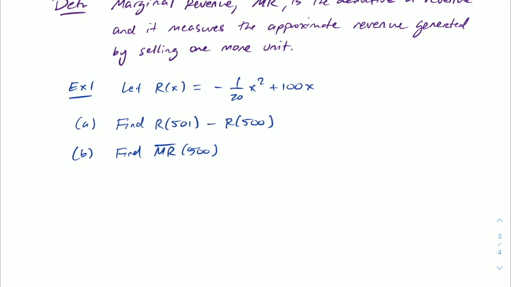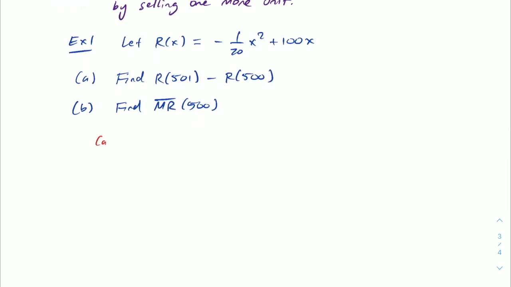Okay, so let's start by evaluating this function at 501. So R of 501, negative 1 over 20, 501 squared, plus 100 times 501. This is going to work out to be 37,549.95.